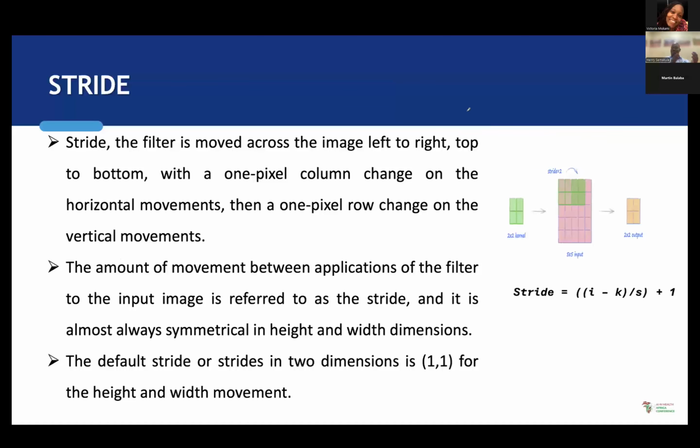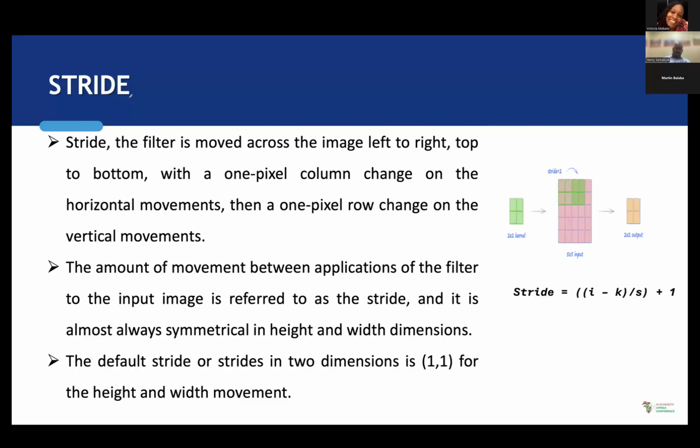A filter is moved across the image from left to right and top to bottom, moving by 1 pixel column change in the horizontal movement and 1 pixel row change in the vertical. Remember, in the vertical we are moving from top to bottom, and in the horizontal, from left to right.